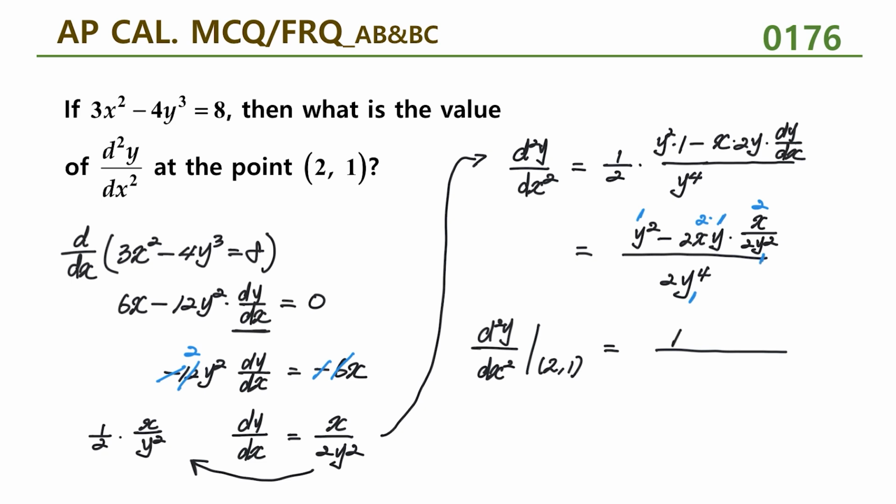So that's going to be 1 minus 2 times 2 times 1 times 2 over 2 times 1 squared, which is 2. 2 times 1 to the power of 4, that's 2. So the denominator is 2. Here we have 1 minus 4, so that's going to be negative 3 over 2. So our second derivative at the point (2, 1) is negative 3 over 2.